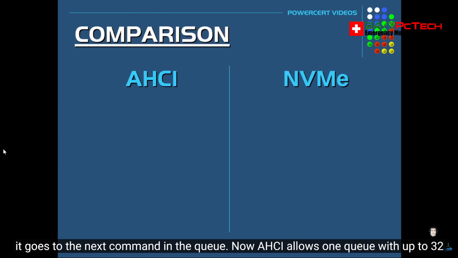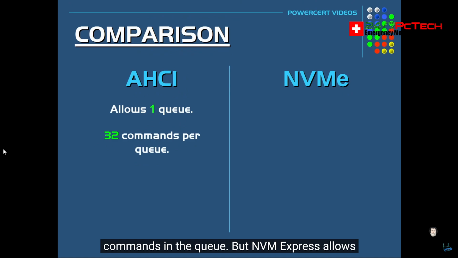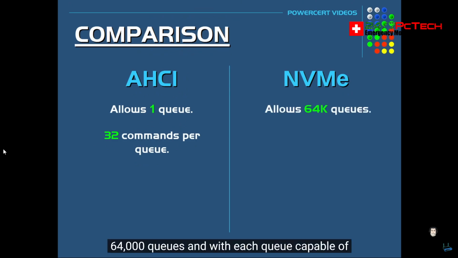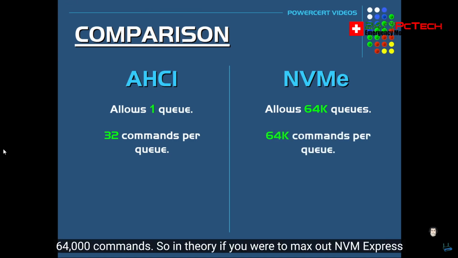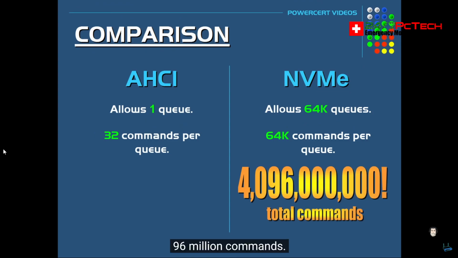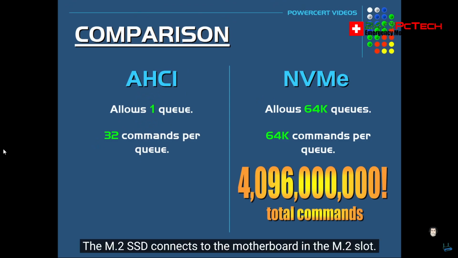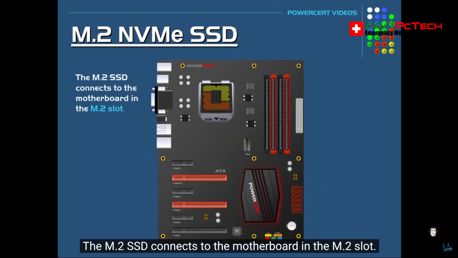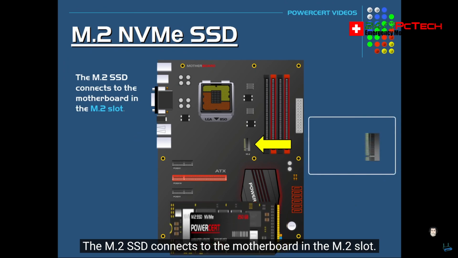Now AHCI allows one queue with up to 32 commands in the queue, but NVMe Express allows 64,000 queues, and with each queue capable of 64,000 commands. So in theory, if you were to max out NVMe Express, you can fulfill a staggering 4,096,000,000 commands.